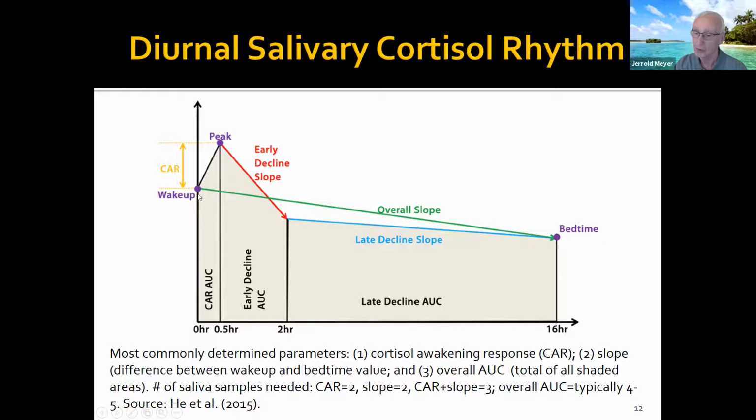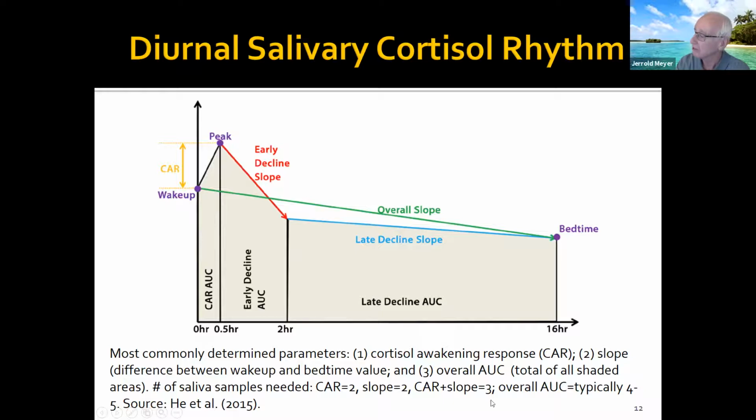So if I just want the slope, I collect a saliva sample here and I collect a saliva sample here. The reason I call it the slope is that you can just draw a line, as they show here, this green line between the two, and look at the slope of that line, the steeper or less steep, more shallow. And you might ask, well, what do you get out of that? Well, we'll talk about that in a minute.